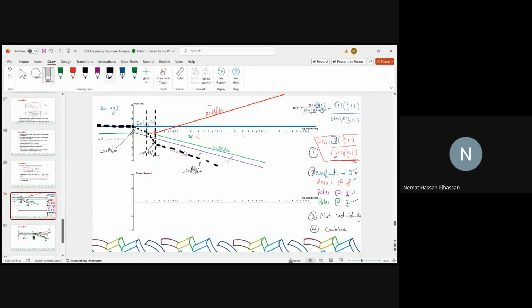If it's a pole, we decrease, and that's it. But for frequency response, we do something slightly different, which is we first identify the constant, and we know that the angle of a constant is 0 if it's positive. And for a constant, its phase shift is absolutely 0. There is no contribution, 0 degrees.